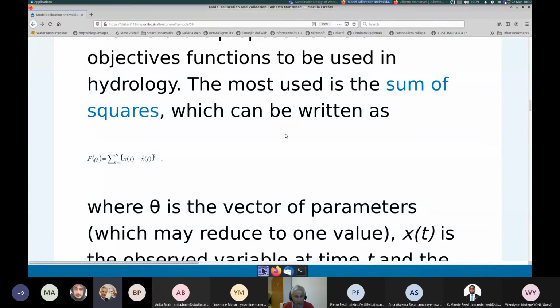It's impossible if you have 10 parameters. So basically, it was a combined process. The awareness, the availability of computing resources stimulated the development of more complicated models with more parameters because they are more flexible.